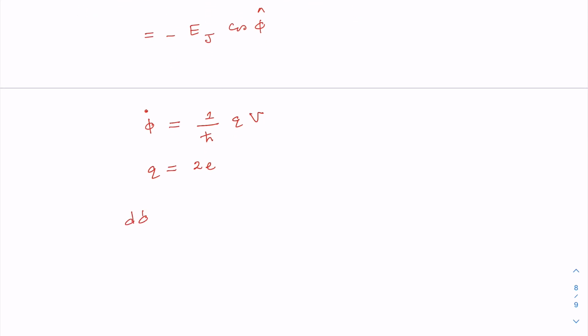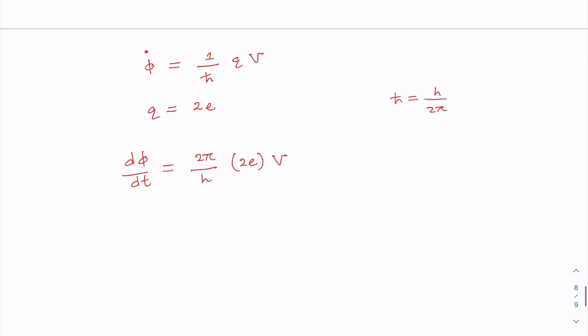So we can write d phi dt is equal to, h cross being the reduced Planck's constant h by 2 pi, 2 pi by h times 2e times v, where v is the potential difference or voltage. And this I can write as 2 pi divided by phi 0 times v, where phi 0 is the so-called flux quantum, equal to h by 2e.